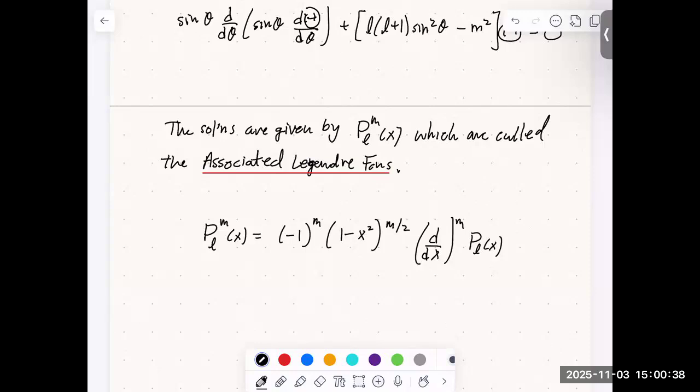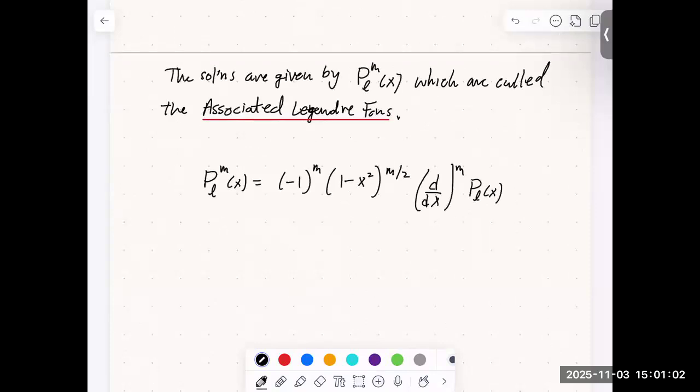The reason it's called an associated function and not an associated polynomial is because if I put in m odd, like just try m equals 1, then we get the square root of 1 minus x squared. And that's not a polynomial like a0 plus a1 x plus a2 x squared. The square root throws it off.